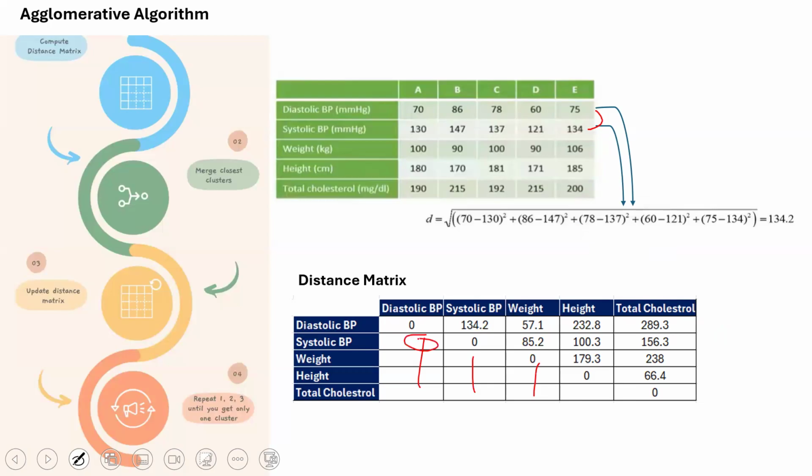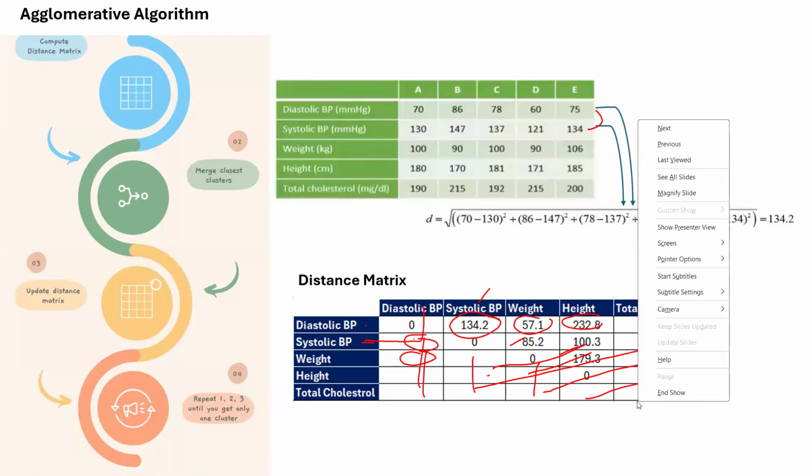The distance matrix is a symmetric matrix, so this value is the same as this value, and similarly these values will fall here. That is why this is a symmetric matrix, and you don't really need to fill all these things again.